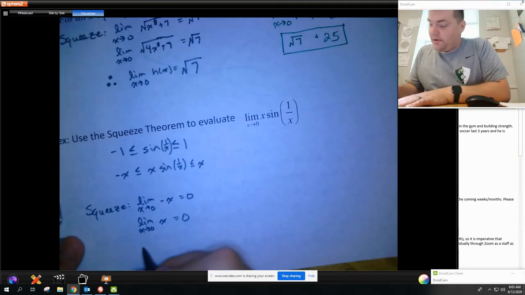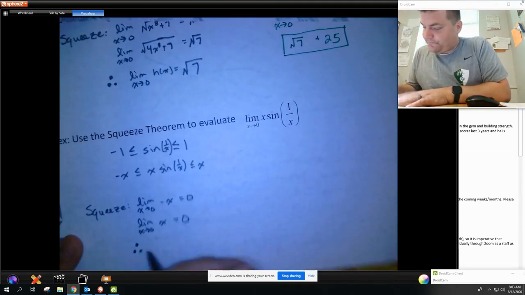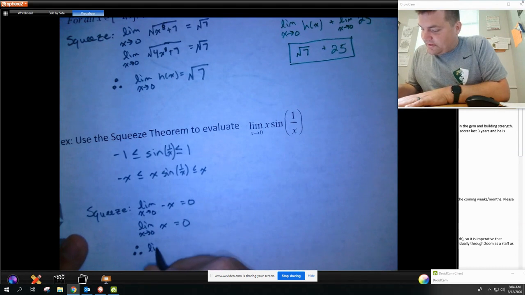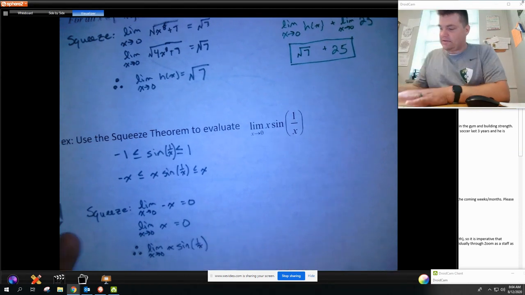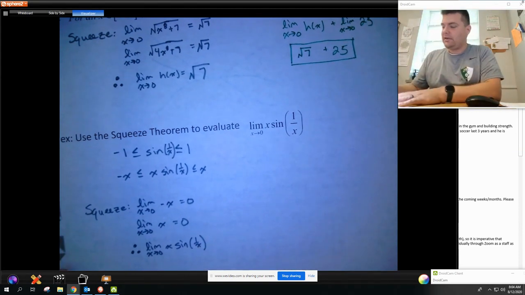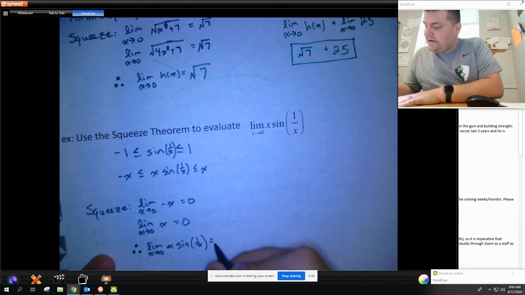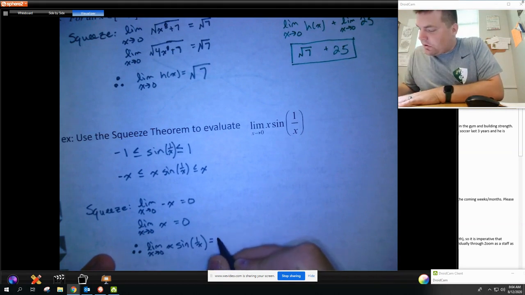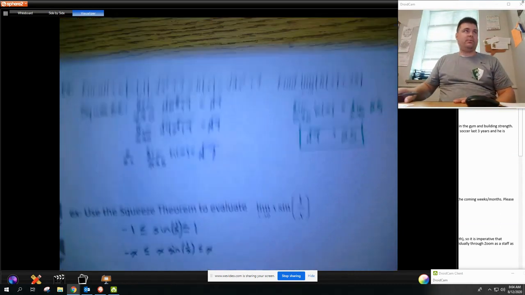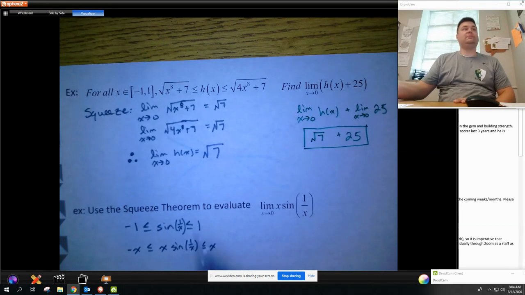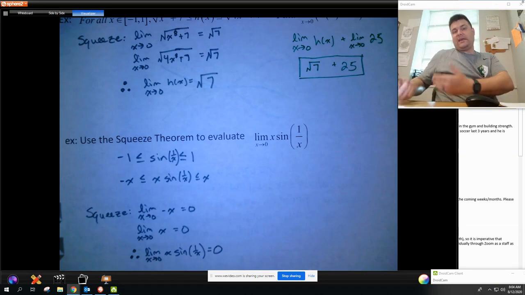So the middle one, which is the limit as x approaches 0 of x sine of 1 over x, by default has to be 0. Okay. And in a nutshell, that is the squeeze theorem. So we have one where we have to just apply, and then we have one where we need to create and apply it.